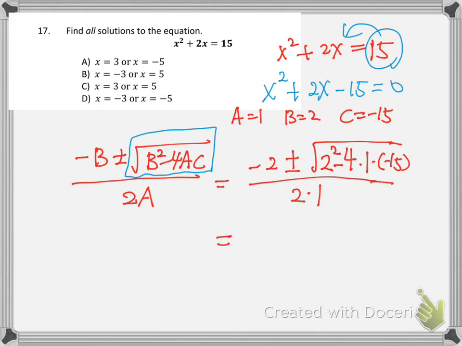So let's simplify a little bit. 2 squared is 4, and the multiplication 4 times 1 is 4, 4 times negative 15 is negative 60, and then minus negative 60, you get positive 60, so it's 4 plus 60 is 64.